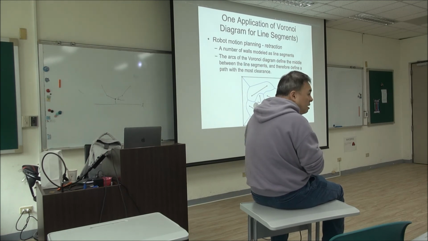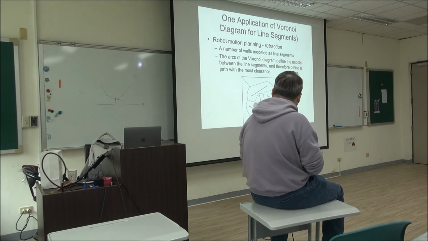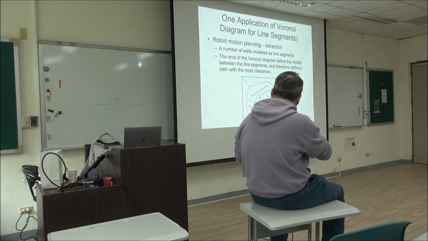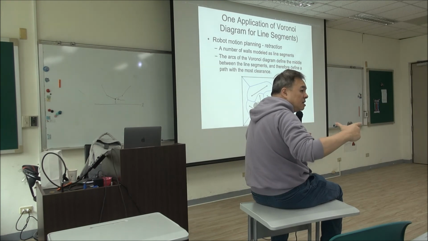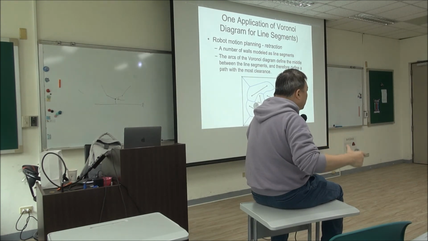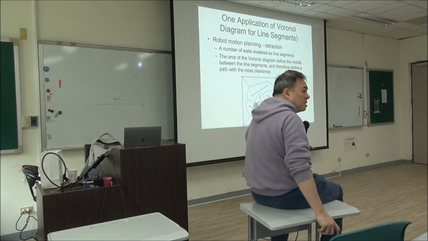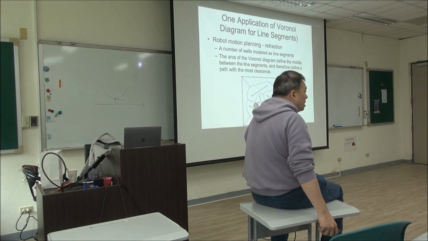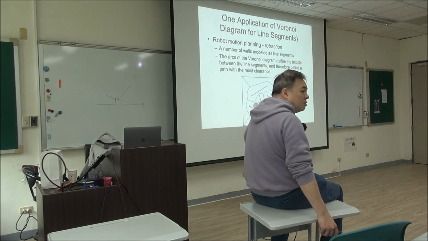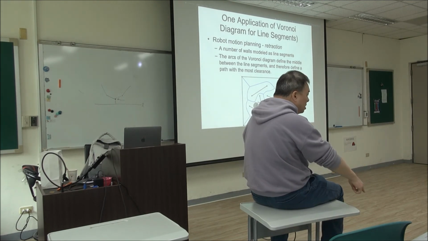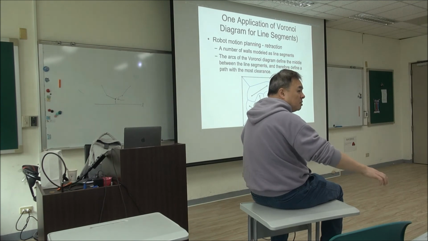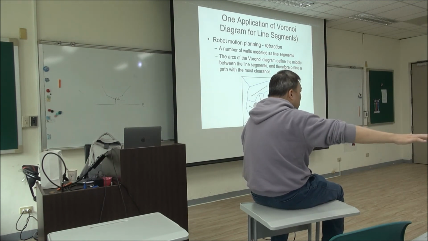Here, of course, we model the robot as a circle shape, as a disc. It's kind of like, I don't know if you have used a Roomba. You do know Roomba? There's a small robot that cleans the floor for you, going to different places.